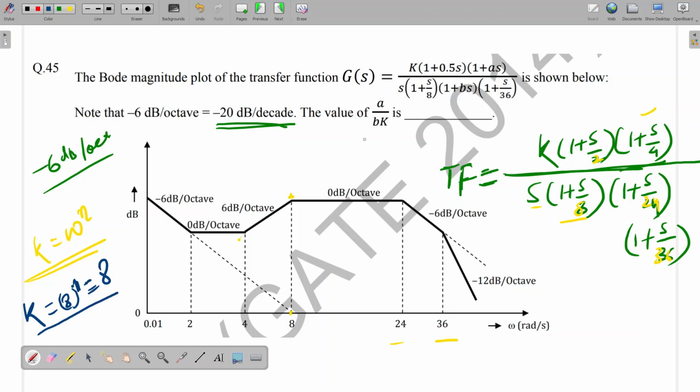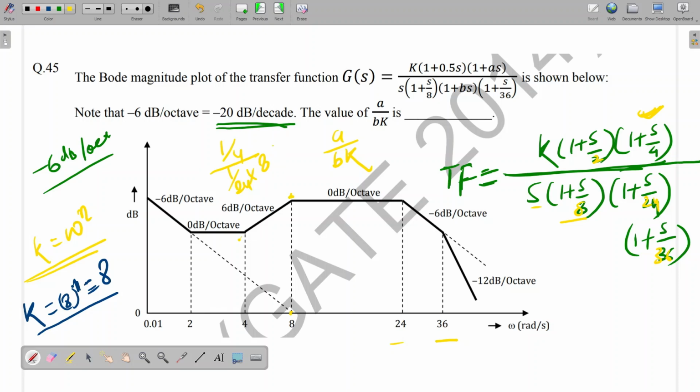So it is asking A by B into K. K we know, K is equal to 8. What is the A value? A is equal to 1 by 4 here, and B is 1 by 24. So 1 by 4 divided by 1 by 24, into 8.